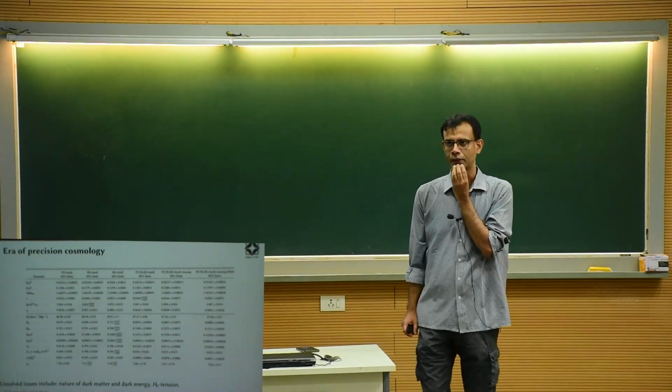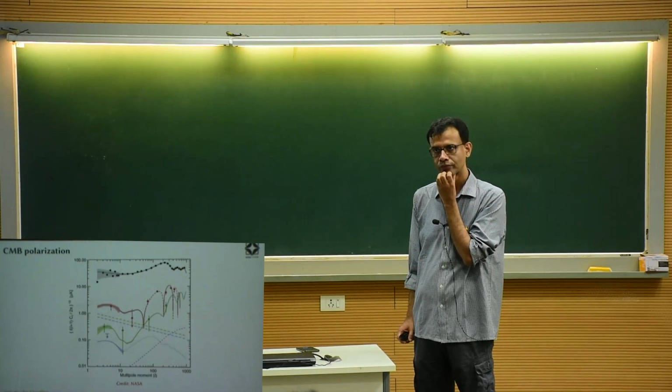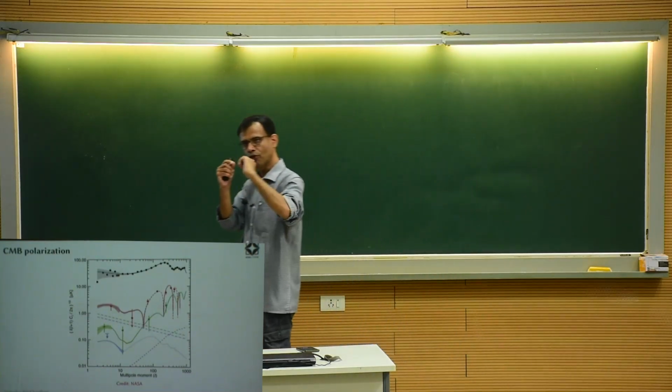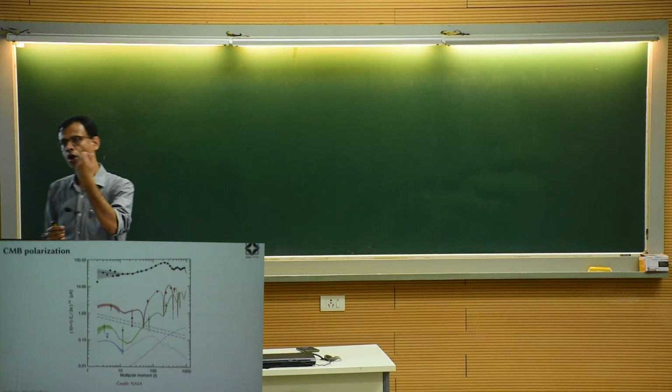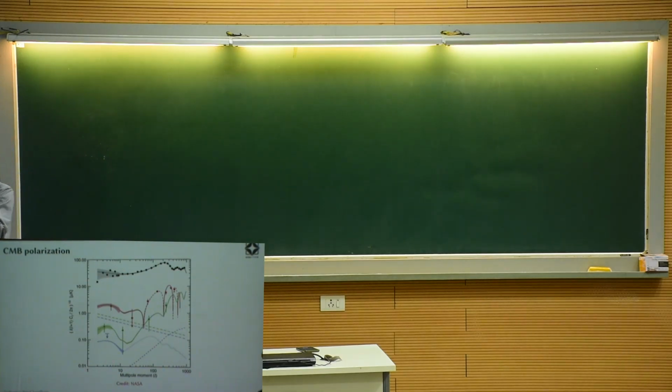Yeah, go ahead. Sir, I want to know how the CMB gets polarized. So what happens is the scattering between photons and the electrons is Thomson scattering. Now that scattering cross section has an angular dependence. The moment the scattering cross section has angular dependence, it can give rise to polarization.